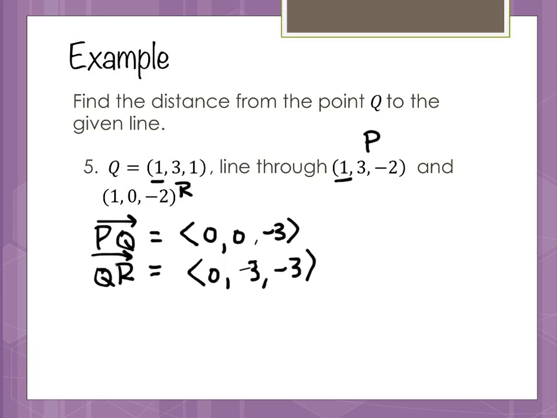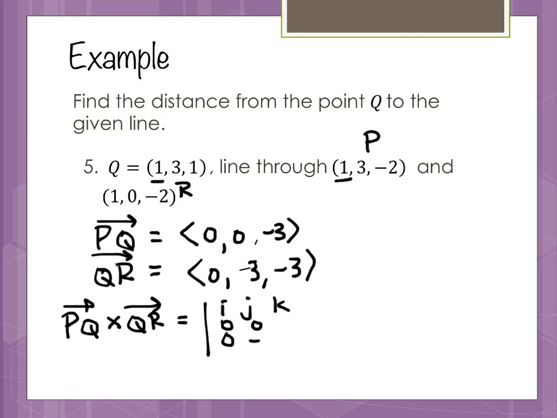And then I need to do the cross product for these. So the PQ cross QR, which is going to be the cross product of these guys. So we've got I, J, and K, and we've got a column of zeros, which is quite helpful in terms of computing because I'm going to have a lot of zeros coming into play.